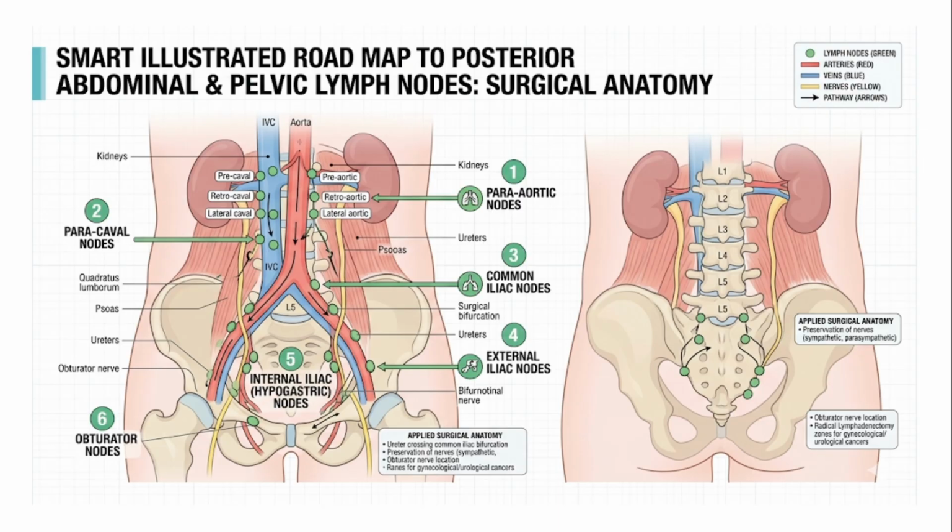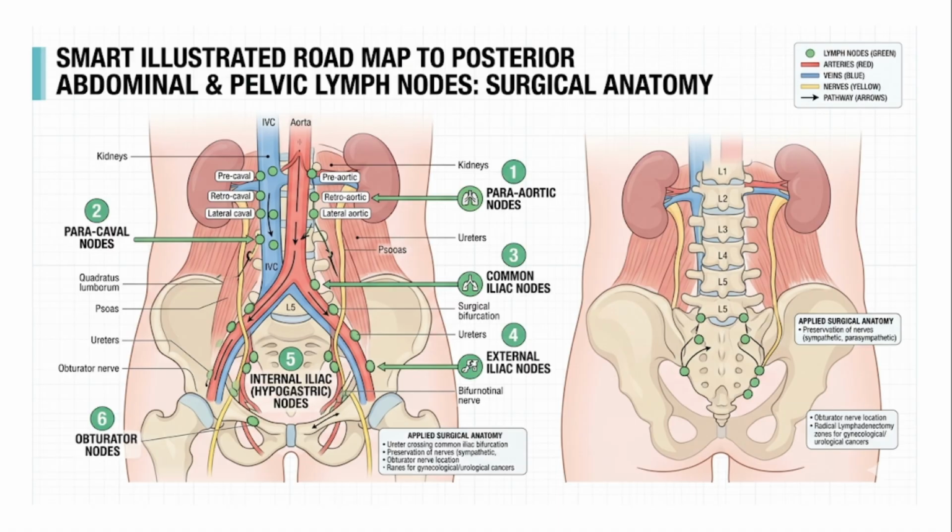Group 2, the para-caval nodes: pre-caval, retrocaval, and lateral caval as well. Group 3, the common iliac nodes. The common iliac artery is crossed by the ureter at the pelvic brim, which is an applied surgical anatomy danger zone.